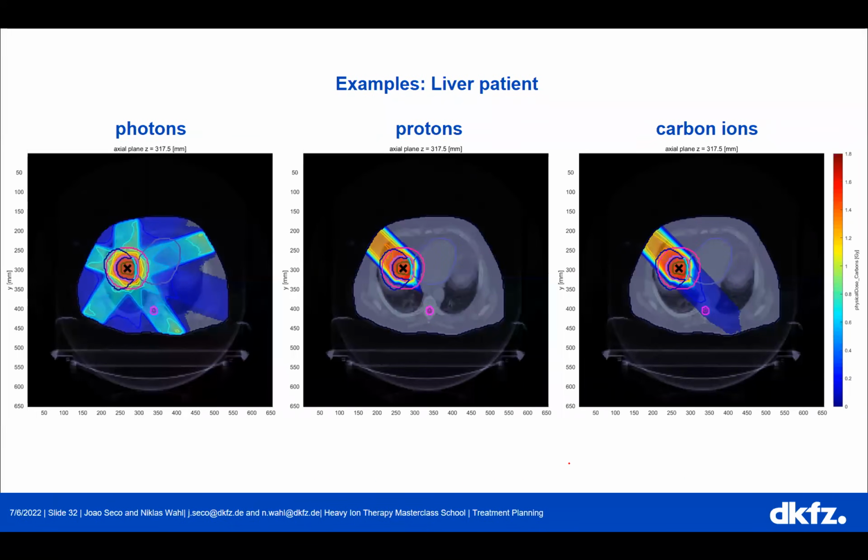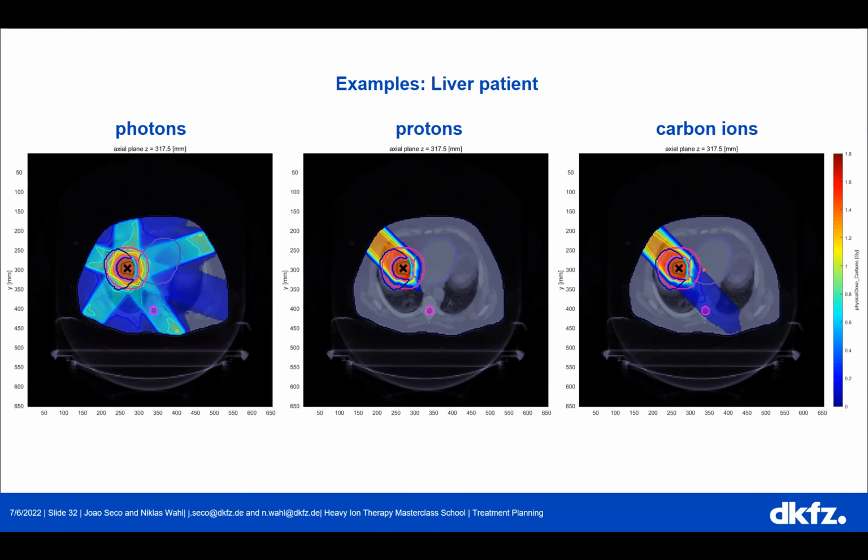Here's an example of all three systems put together for the liver: a biologically optimized dose distribution for photons, a biologically optimized dose distribution for protons, and a biologically optimized distribution for carbon. Immediately you see one of the advantages. I need very few beams for protons and carbon to achieve the same distribution as photons.